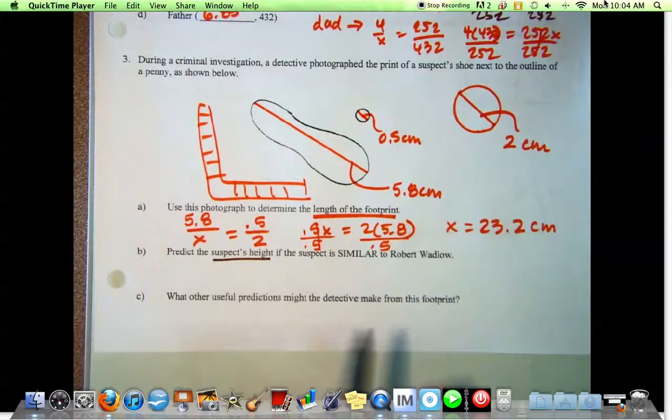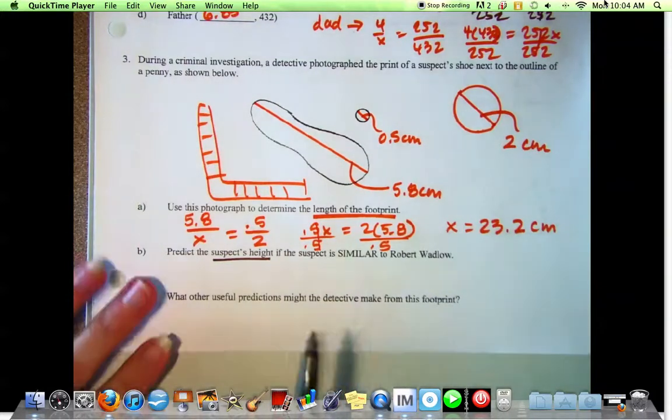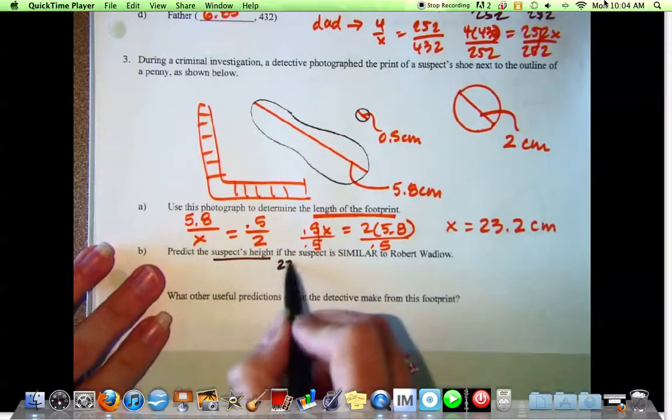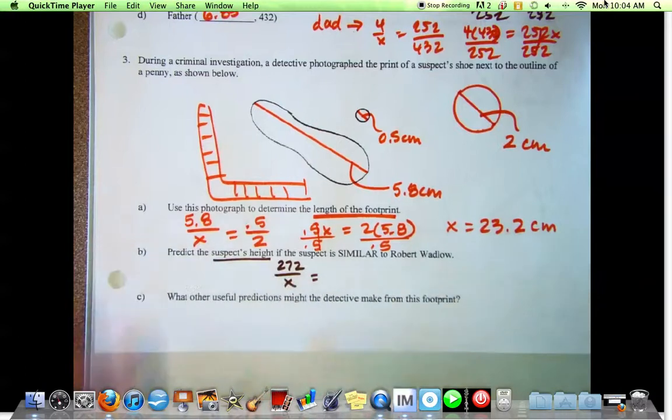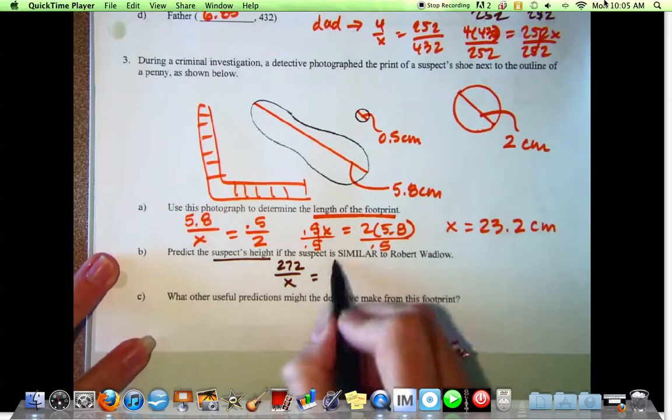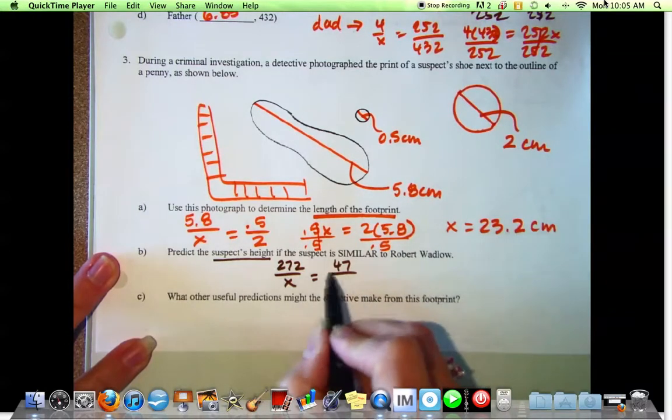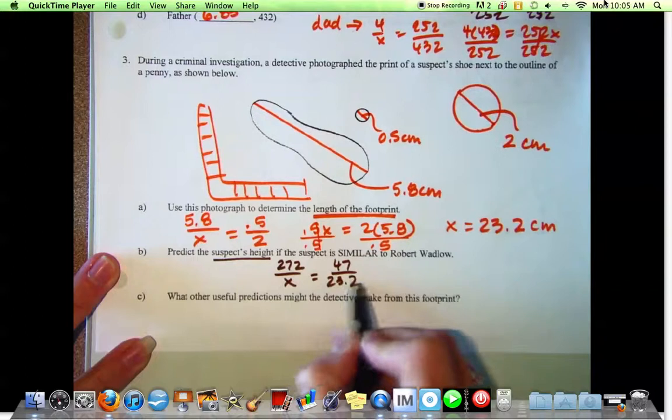So let's set up a proportion. Somebody start telling me what I should write. 47 over 23.2 equals 272 over x. We've got a couple different ways we can write it, right? Yes. 272 over x equals 47 over 23.2.